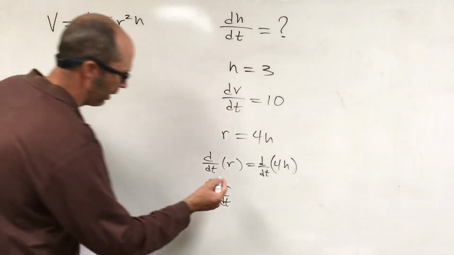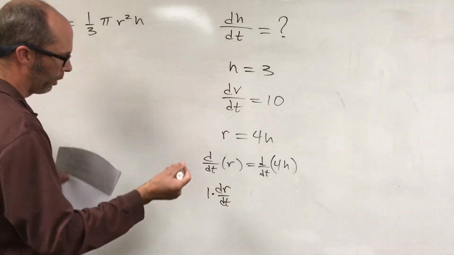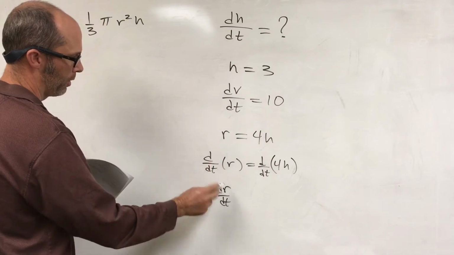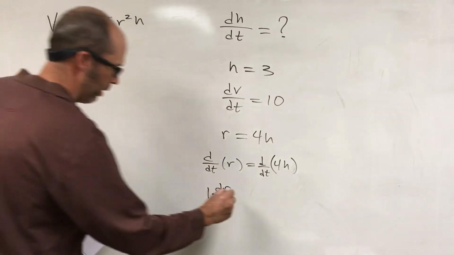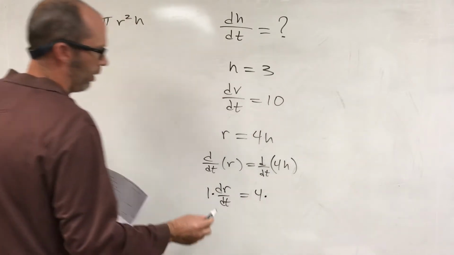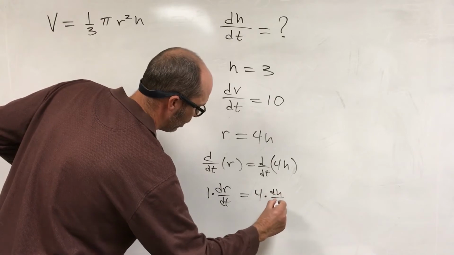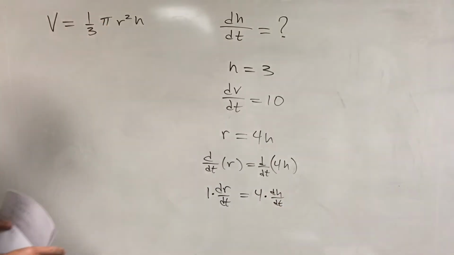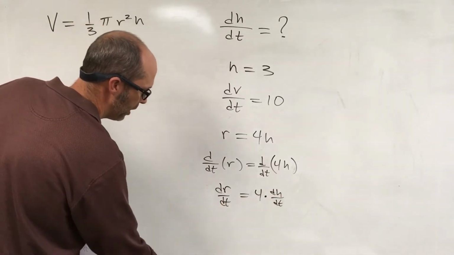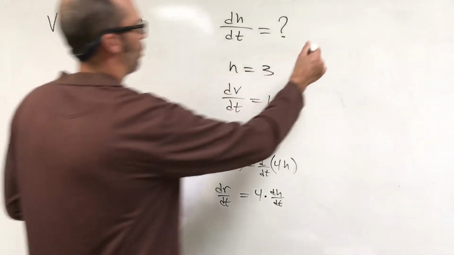Remember, we're using the chain rule there, but essentially all you have to do is ask, are these variables the same? No, they're not, so tack on the dR/dt. The derivative of 4H is 4. Is H a t? No, so tack on the dH/dt. So you see right there that dR/dt is 4 dH/dt.